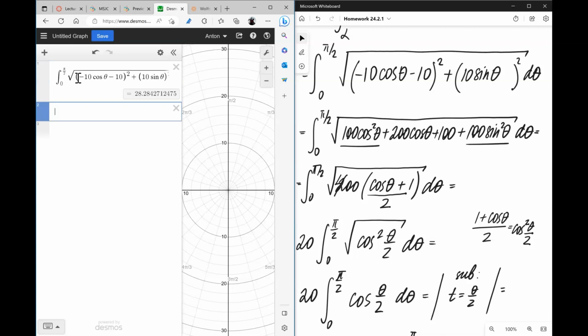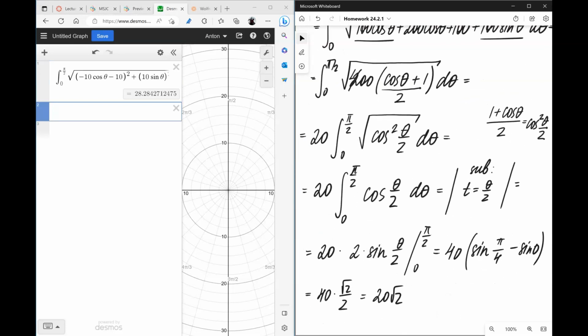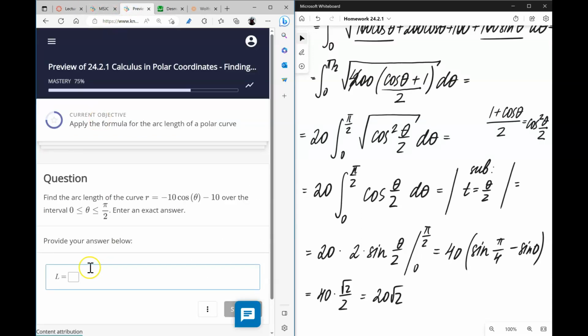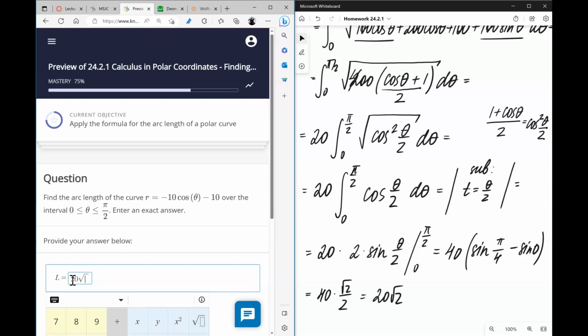So the answer is 28.28. And let's check what's 20 times square root of 2. It is equal to 28.28. So this is how we know we are correct. And this is the answer.